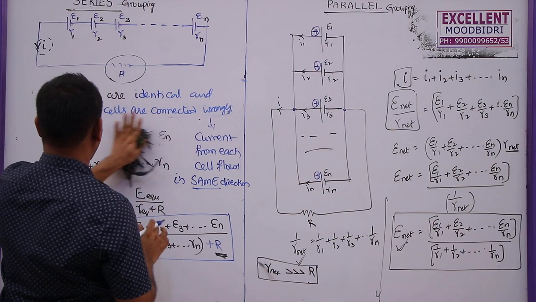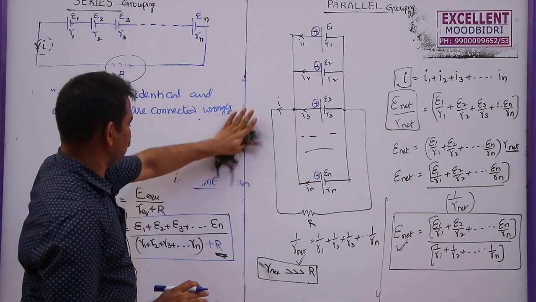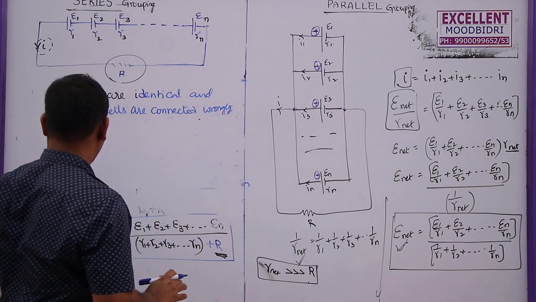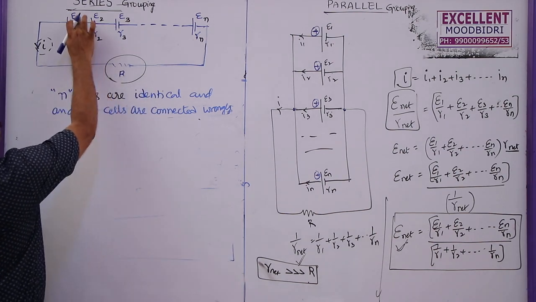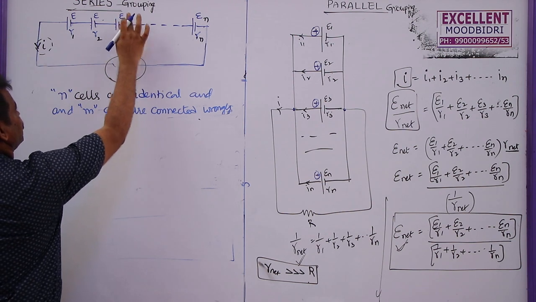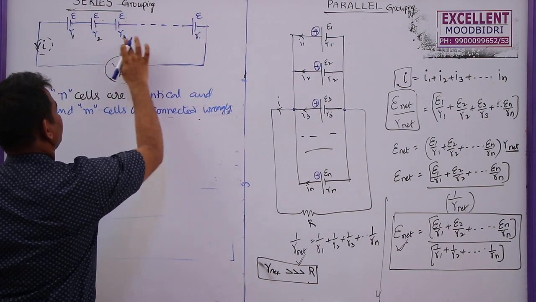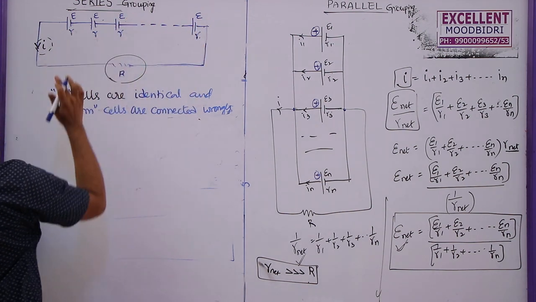So what happens to the EMF, what happens to the internal resistance, and what happens to the total current flowing through this circuit? Now I am going to take the same similar cells here which are having the same EMF and the same internal resistance.